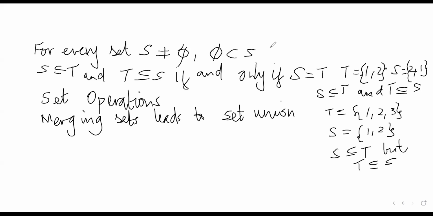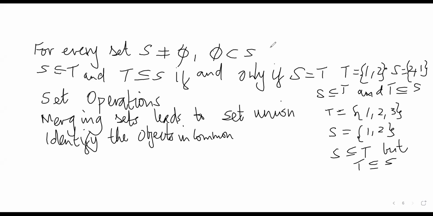When you want to merge two sets, you call it set union. When you identify the objects in common, then we refer to that as set intersection.